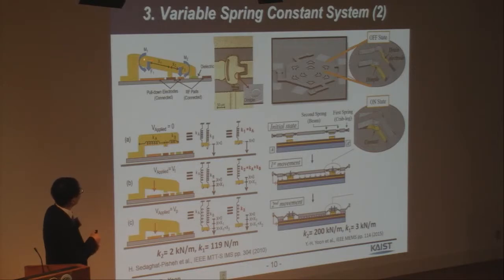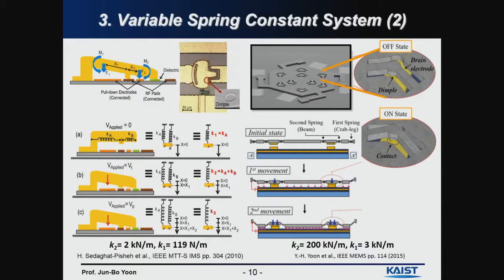So this cantilever, once the tip is touched down to the dielectric layer, then the spring constant will be changed. So we can use the second spring here, which has a very high spring constant. And in the second one, the entire source plate actually has 2 types of springs. The first one is the normal springs to handle the whole suspended source plate.